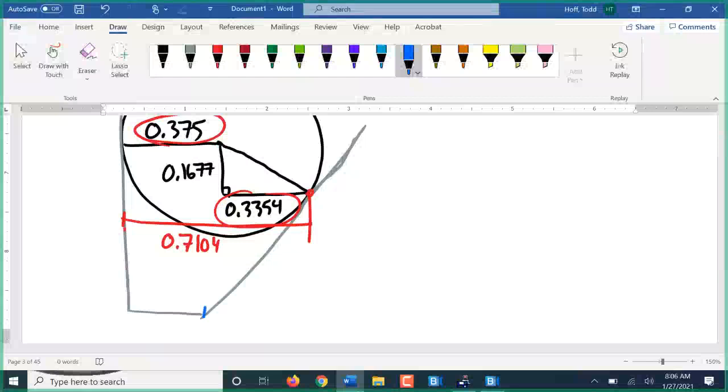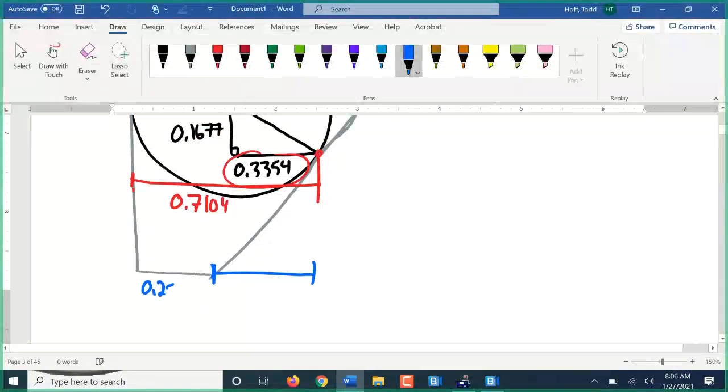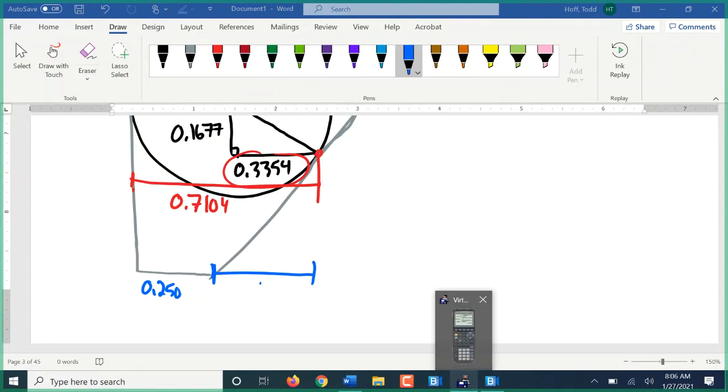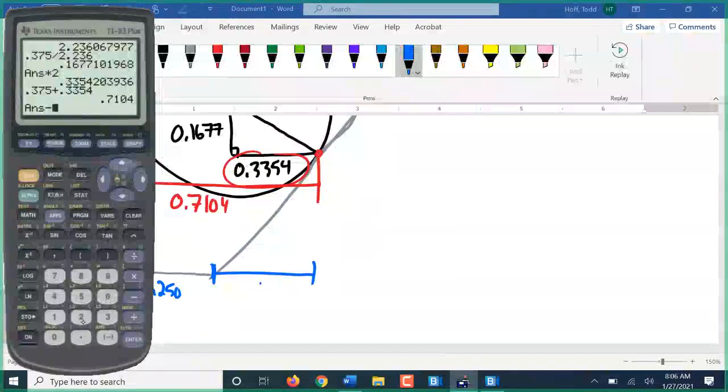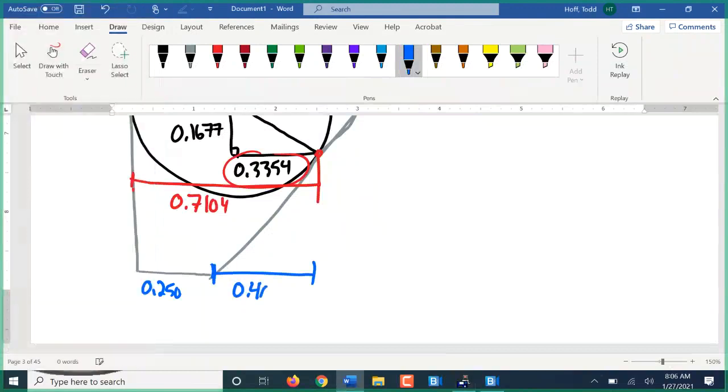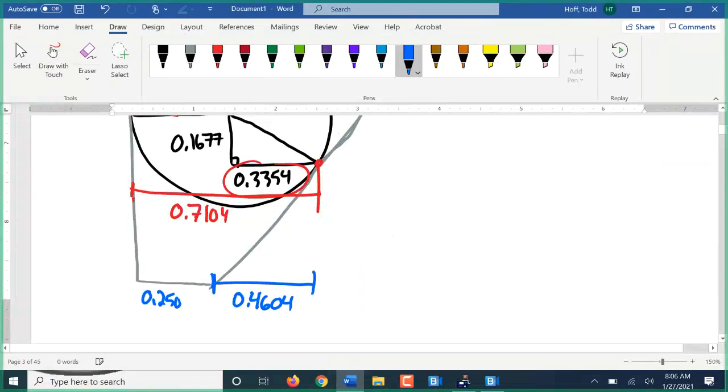That's telling us the distance from here to that point of intersection. Remember, this was 0.250. So this has to be 0.7104 minus the 0.250, 0.4604. And so far?